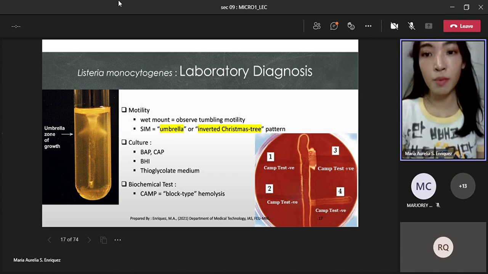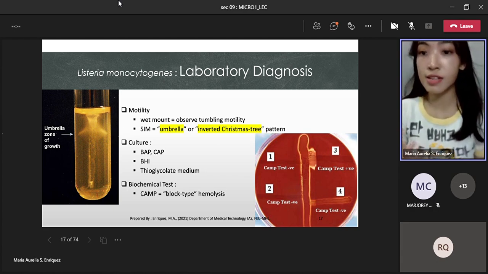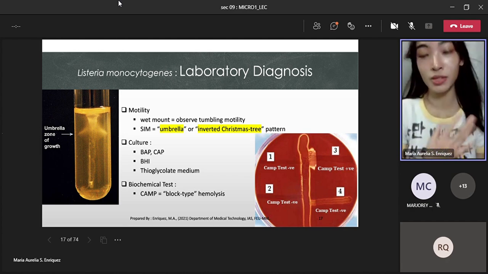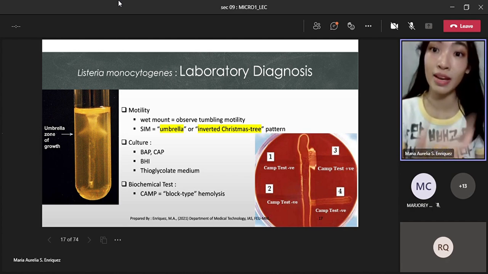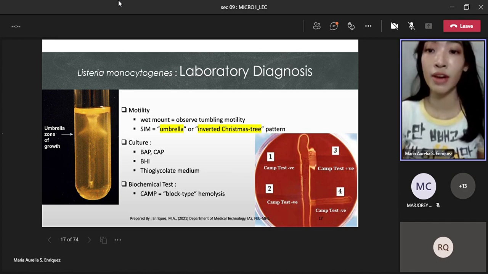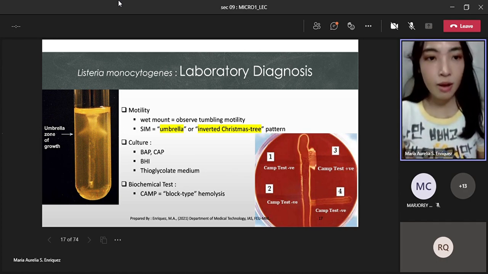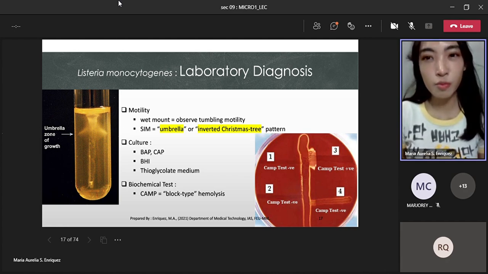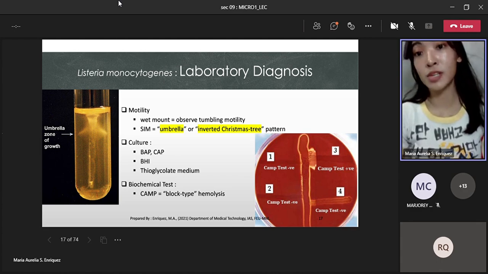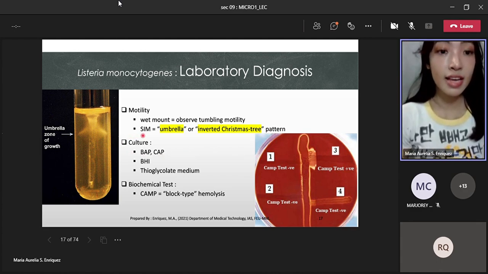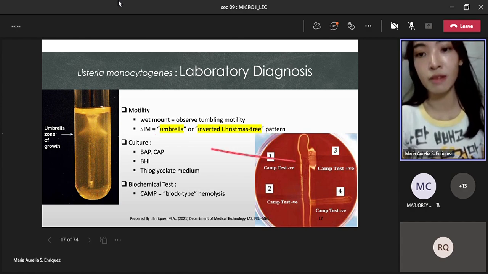Ayan, in wet mount preparations, Listeria monocytogenes exhibits stumbling motility or the end-over-end motility. So when viewed microscopically, napakita ko na po yun kanina, di ba? Yung end-over-end motility ng Listeria. Now, another way that we could observe their motility is by inoculating them in a motility medium, or the SIM, or the sulfide indole motility medium.